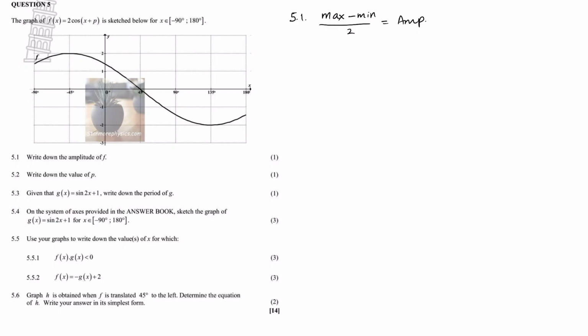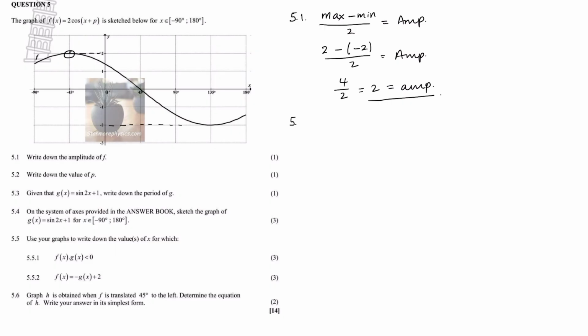Now we can read off the graph, the maximum value here is 2 minus the minimum value, which is minus 2, divided by 2. So 2 minus minus 2 is 2 plus 2, which is 4, divided by 2, which is 2, and that's my amplitude.